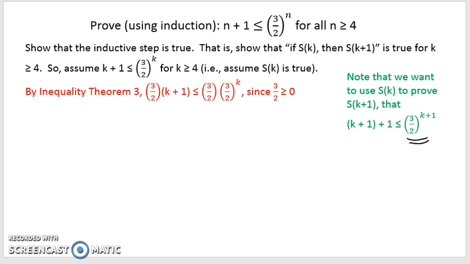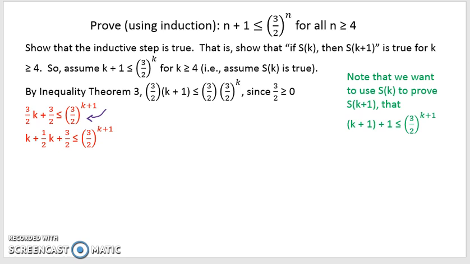We can multiply both sides, and the inequality still holds. So doing a little bit of algebra, we multiply by 3 halves and distribute the 3 halves: 3 halves k plus 3 halves is less than or equal to 3 halves to the k plus 1. What's important to note there, and I'm going to draw an arrow to this so you see it, is that side is exactly what we want it to be.